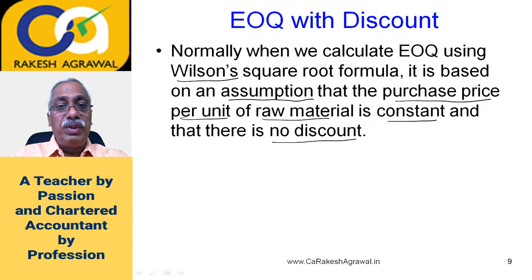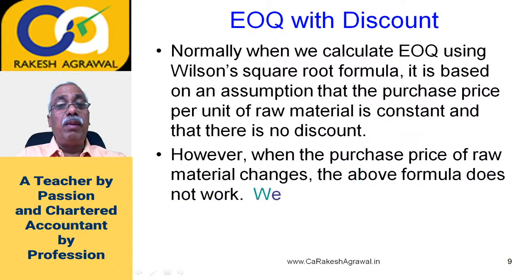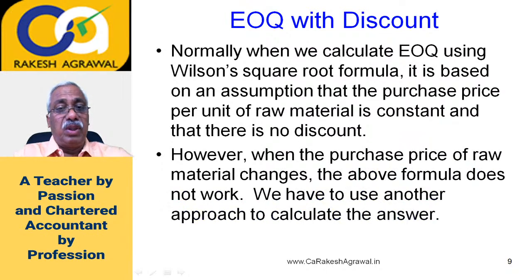So the earlier EOQ which we had seen using the square root formula, this was the assumption behind that EOQ, that you will not get any discount, the per unit price will remain the same for raw material. This is the general assumption. However, when the purchase price of raw material changes, because the supplier may give you a lower price by offering a discount if you buy more quantity at a time, the above square root formula doesn't work and we have to use another approach to calculate the answer.